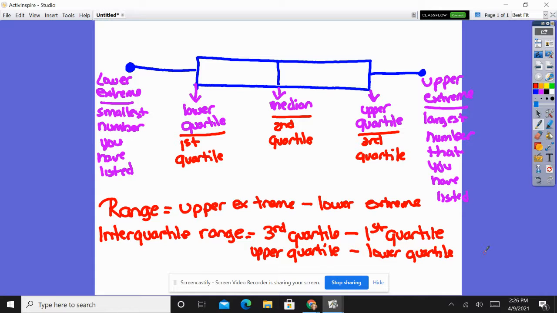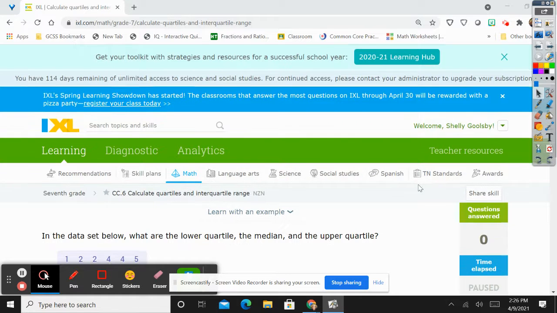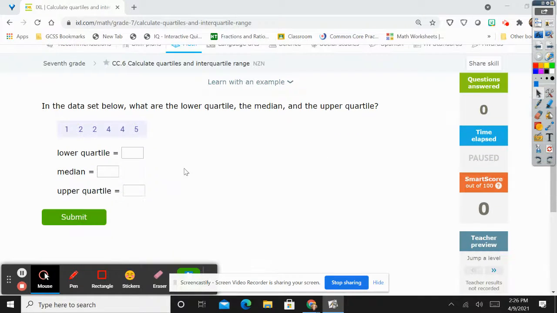Okay? So, let's jump over here and take a look at an example. It says, in this data set below, what are the lower quartile, the median, and the upper quartile? Well, just sitting like this, you can't figure that out. So you have to put them in order. Of course, don't get used to it.